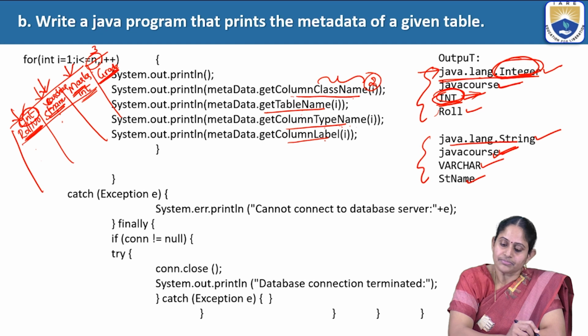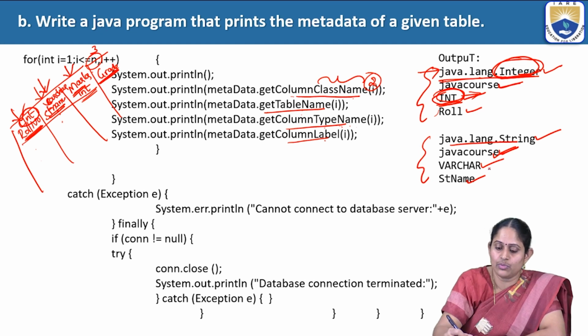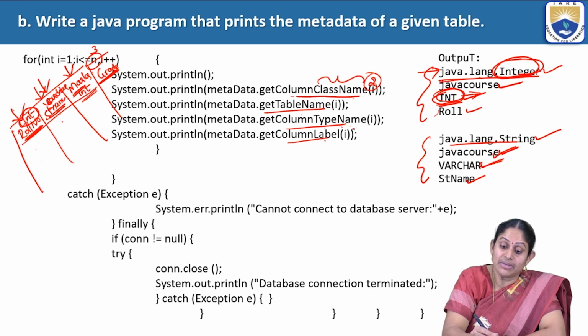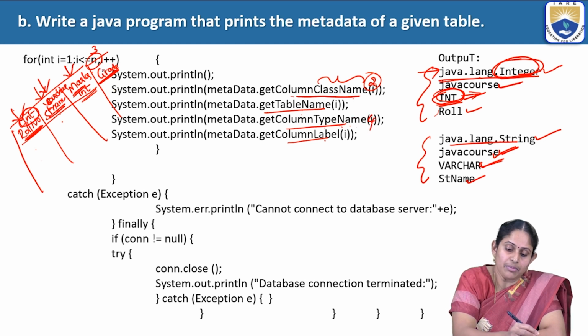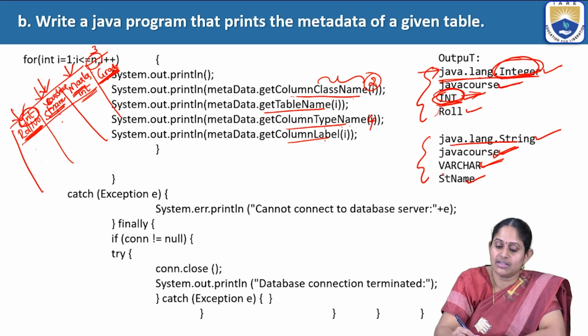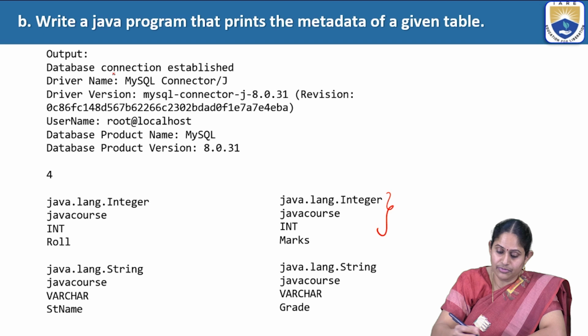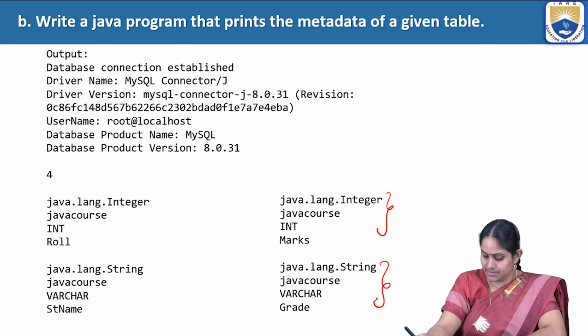And since grade is stored as varchar, the getColumnTypeName of 4, the data type of the column grade, is varchar. And the column label of 4 will be grade. So in the fourth case, we get these details.